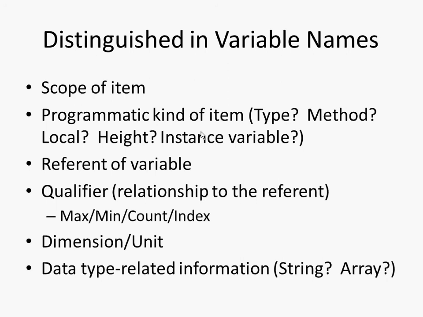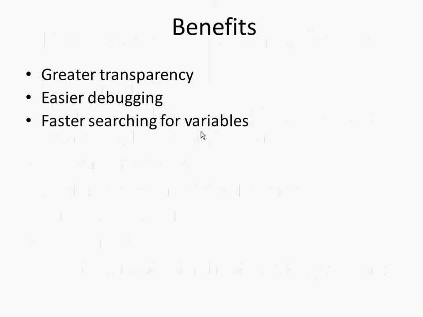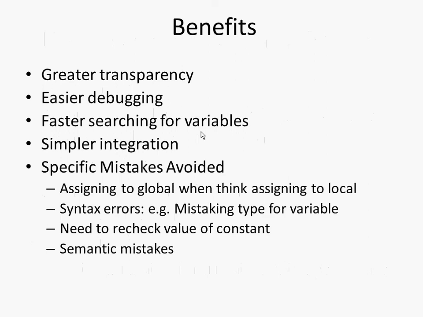Okay, so we're going to be finishing up now for the day. Many of you are going on to lab. Just want to remind you of some of the benefits coming out of this. Greater transparency, easier debugging, faster searching for variables, simpler integration, and you can avoid a lot of mistakes. You can avoid things like actually assigning to a global when you think you're assigning to a local variable, so you override something that goes all the way to the structure.